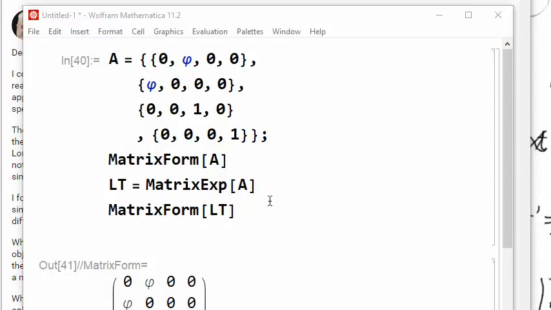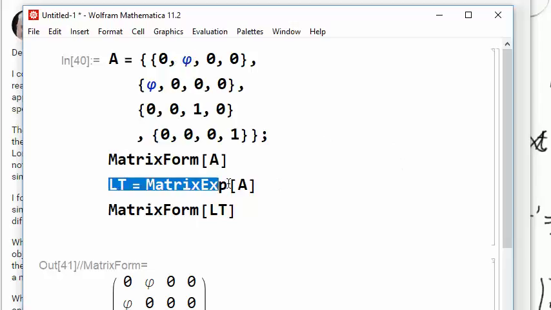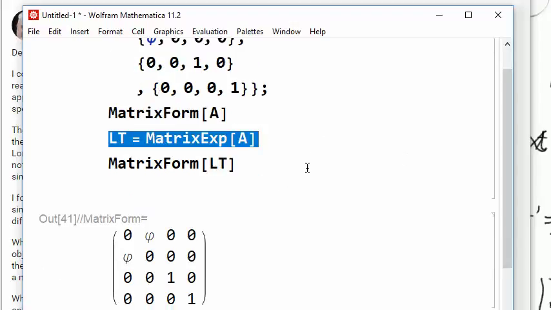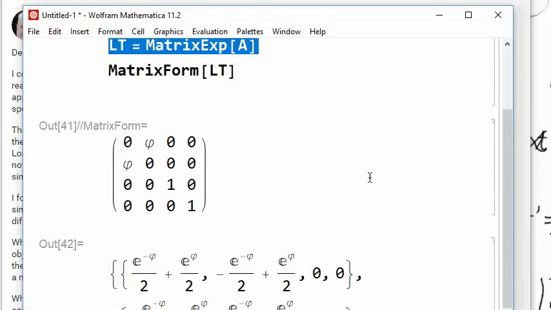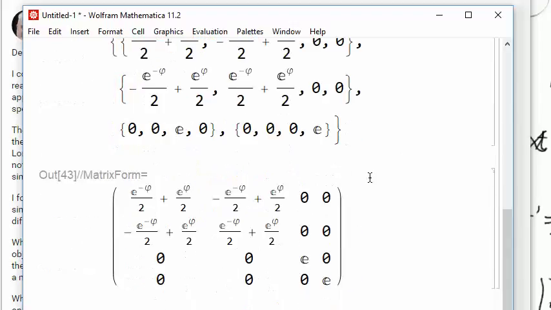Here's the fun fact that I was going to show about Lorentz transformations: when you take a matrix that looks like this, with 0 and phi, or this is curly phi or var phi, off the diagonal, which represents rapidity, and then you take the matrix exponent of that, which is like an infinite sum, you get something that looks like this: e to the phi plus e to the negative phi over 2.